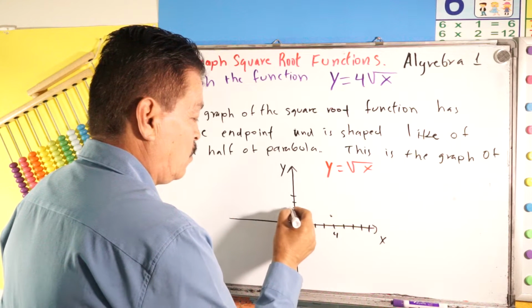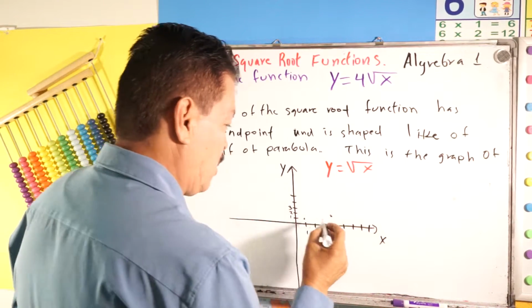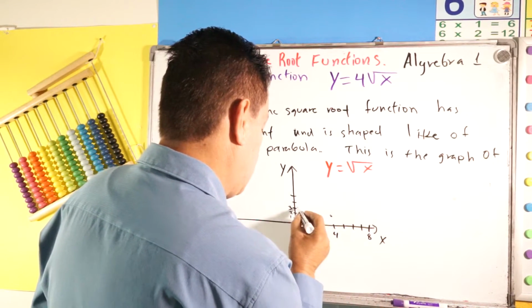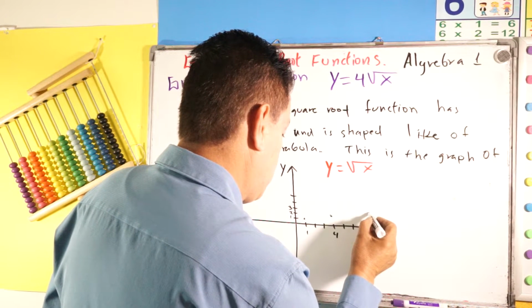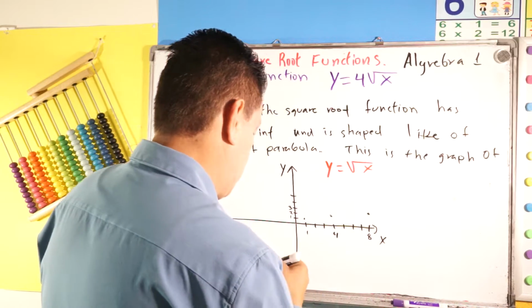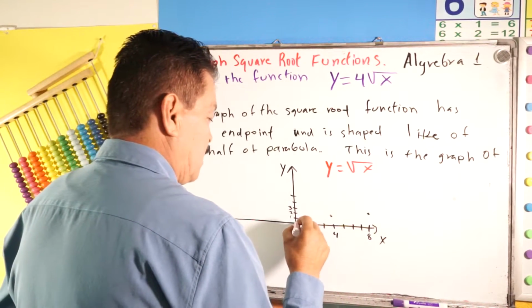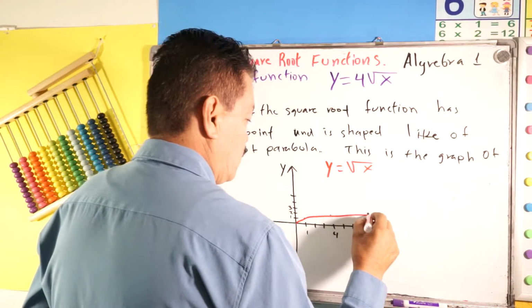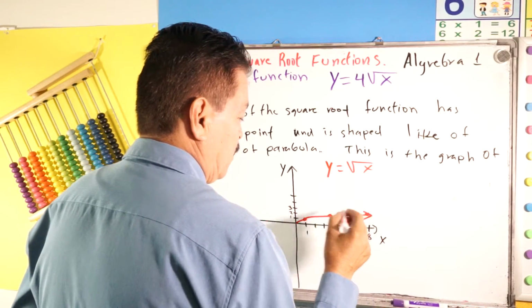And then this is 2, this is 3. The other point is right here, at 8, 3. Something like that. So y equals square root x, our graph for this function, is in this way. You have one point here, another point here, another point there.